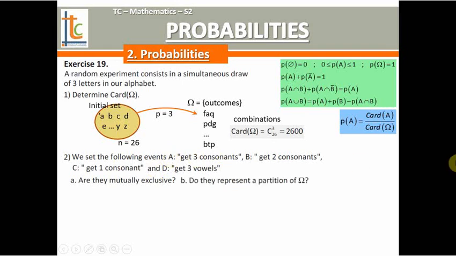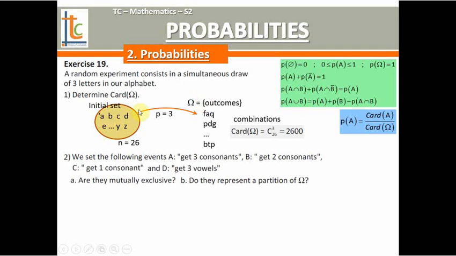Do they form a partition of omega? Well, if you want that here 4 sets form a partition of a bigger set, they have to be mutually exclusive, and they have to, when unified, form omega without forgetting one element.